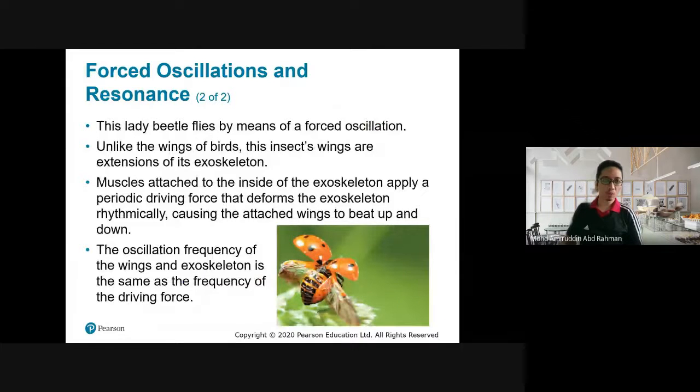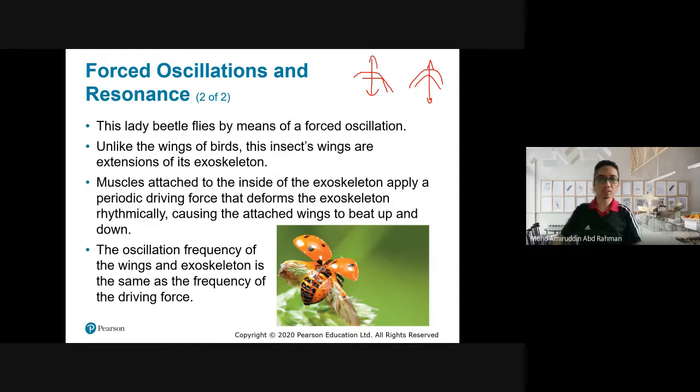For example, in the real world, we have this lady beetle that flies by means of forced oscillation. It's not like the wings of a bird. The insect wings are an extension of the skeleton. So it has a forced oscillation. The wing of the insect follows simple harmonic motion, and we have oscillation because it goes back and forth.